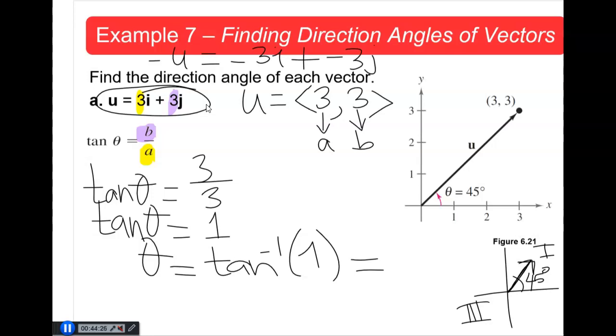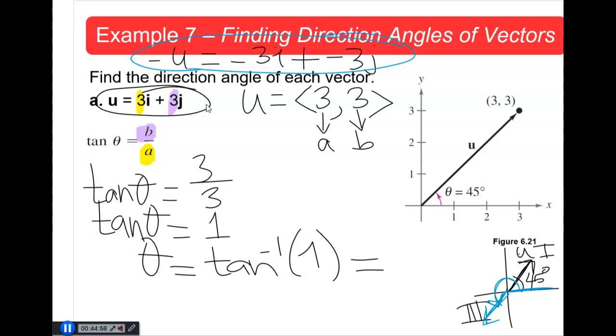So in that case, if vector u is in quadrant 1, vector negative u, or the additive inverse of it, will be in quadrant 3. And so the direction angle for that one, if we start on the x-axis, will not be 45, but it will be 180 plus 45, which will be 225, I believe.